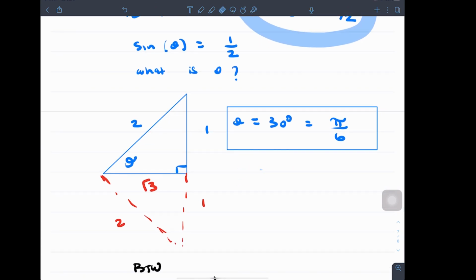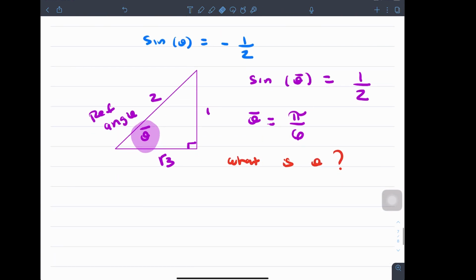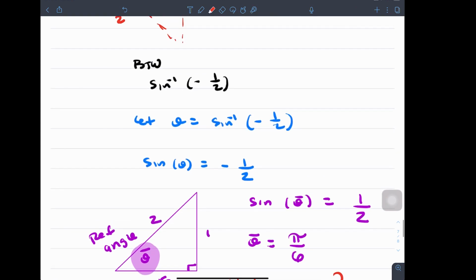So theta is, and this is what you guys want to know, negative pi over 6. So this angle here has to be negative pi over 6. And that's the difference.